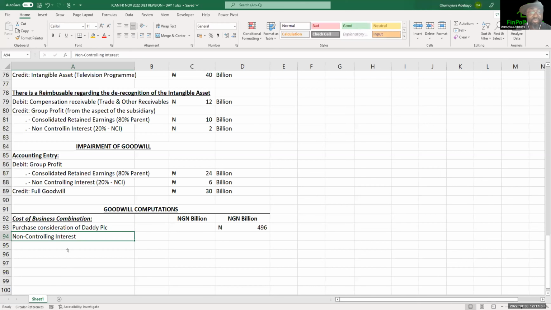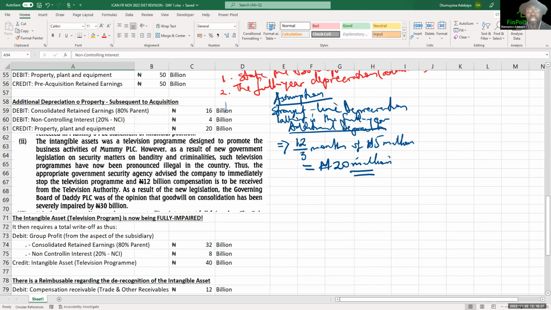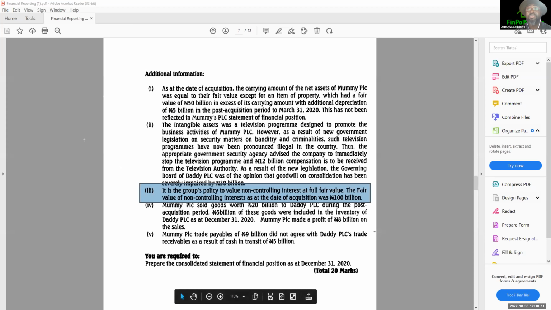And the examiner provided us information here that says NCI is measured based on the group policy at fair value.